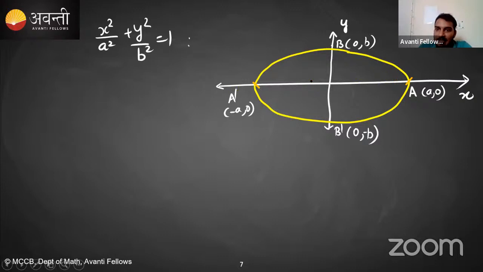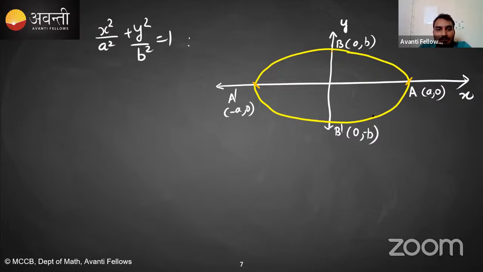Plus minus a. Yes or no? So a comma 0 and minus a comma 0. Similarly, at points B and B dash, x is 0. So when you put x equal to 0, you will get two values of y, plus b and minus b. So B के कोऑर्डिनेट हैं 0, b, and B dash के कोऑर्डिनेट हैं 0, minus b. Is this clear, students? Tell me.